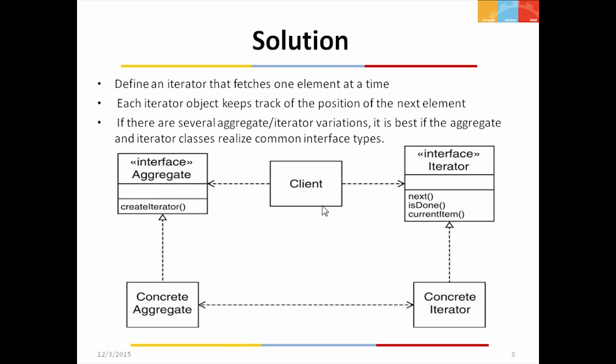So the way to implement is that there is the aggregate, which would represent either a linked list or a set. There is the iterator, and there are concrete aggregates and concrete iterators.